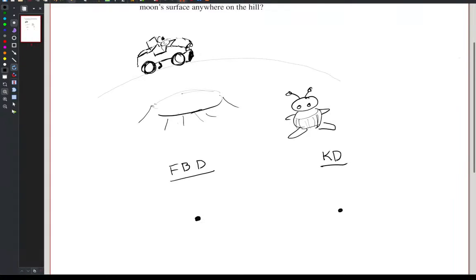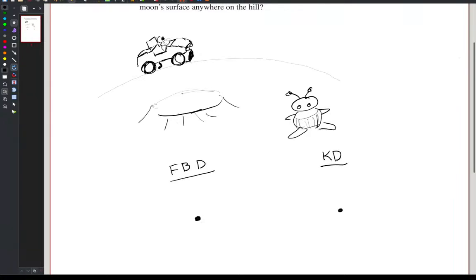But the only thing people usually run into problems with is that acceleration gets double counted. You end up with two ma terms, one in the kinetic diagram and one in the free body diagram. So it's better, every time you're talking about acceleration, to put it in the kinetic diagram, at least to start. And then once you have an equation, you can do whatever you want with it.